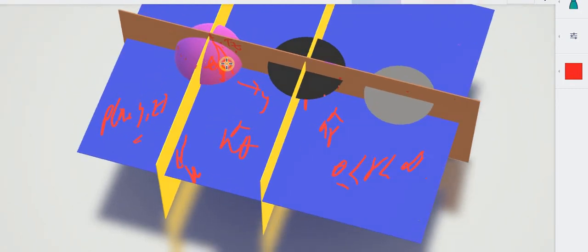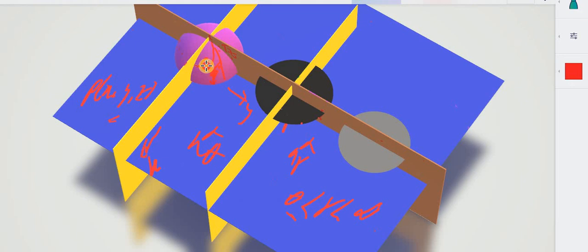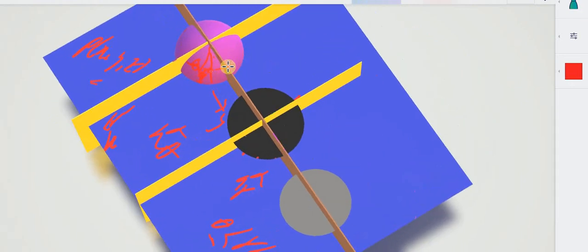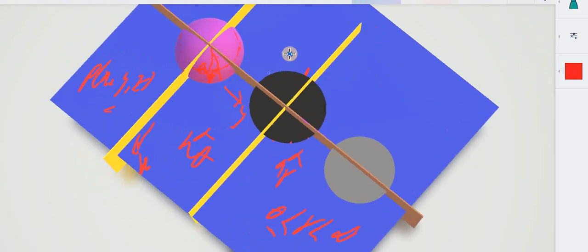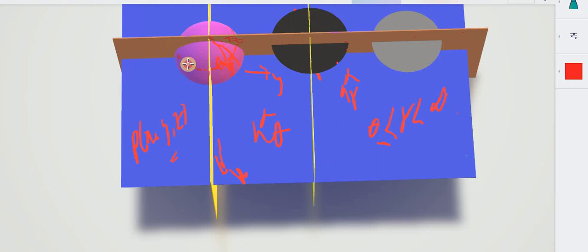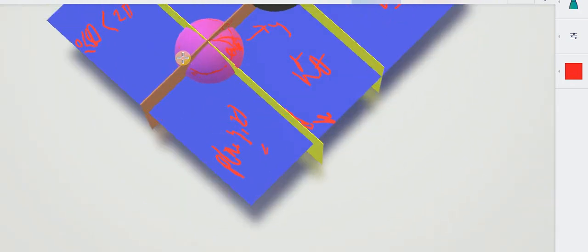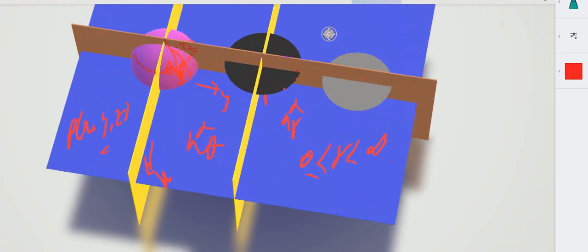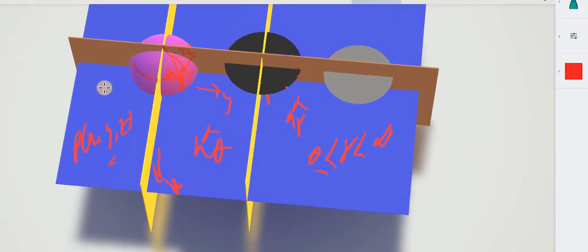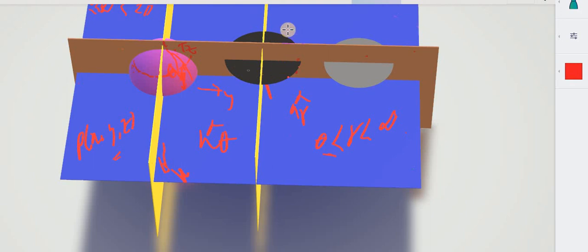Just take one circle on that. If you slice this sphere in this way, you will get one surface like this.